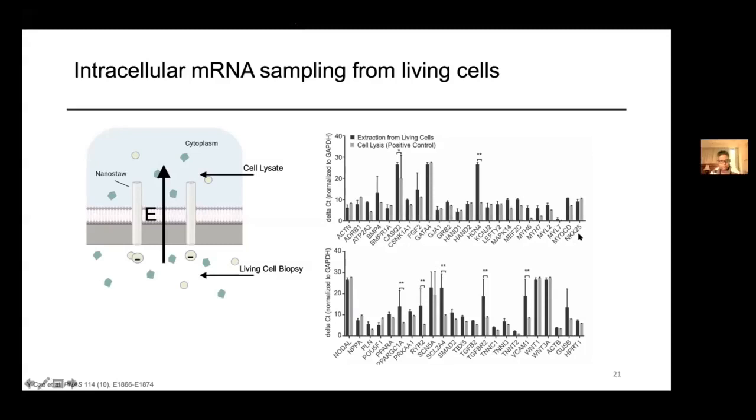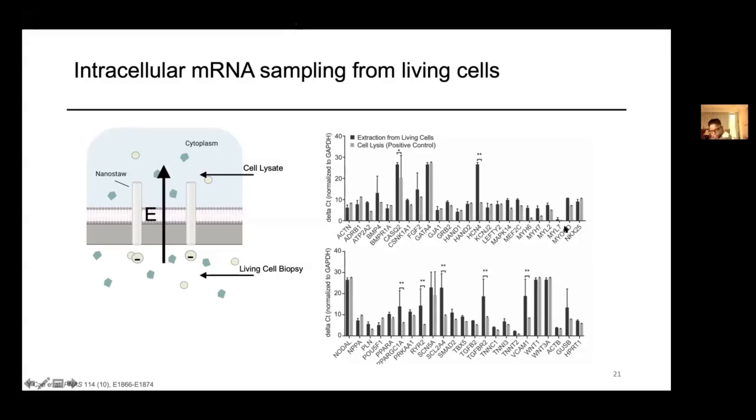A scatter plot shows that there are 41 genes in the living cell extraction that have strong correlation with the genes in the cell lysate, which suggests that what we extract from the living cells is a very good representation of the intracellular gene expression.